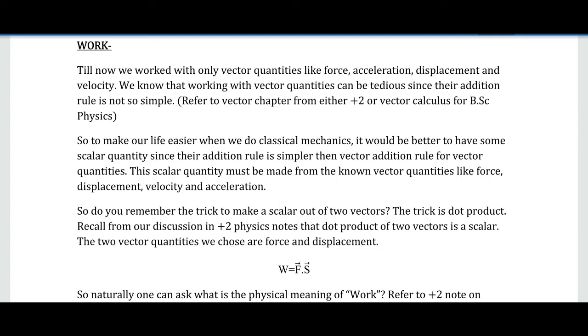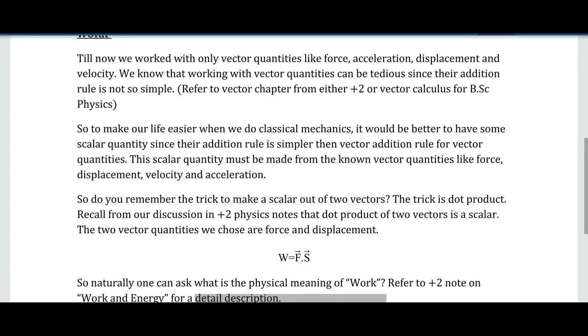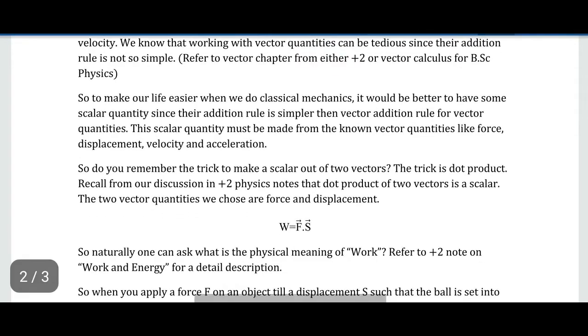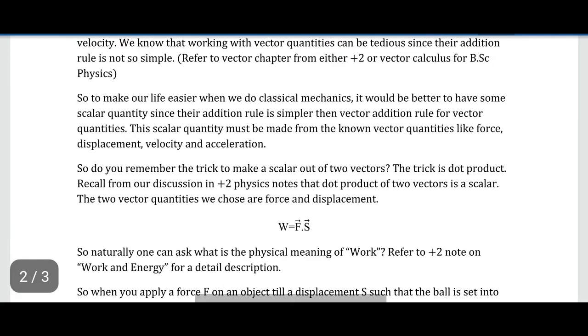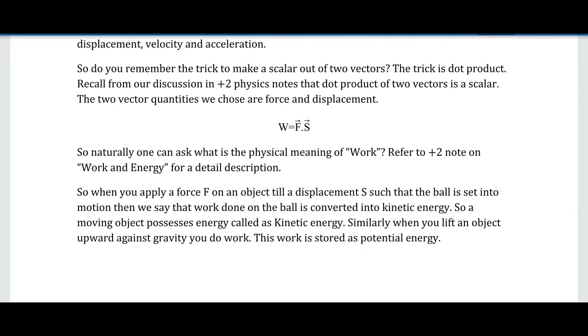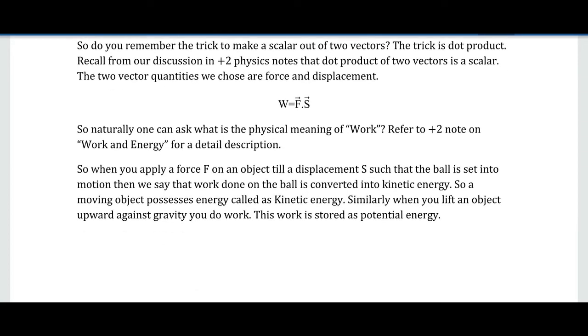This is a big addition rule you have in front of you. But when you think of scalar quantities, all you have to do is add them very easily, just like numbers, and you get the total quantity. So what we did, very cleverly, was define a scalar quantity.